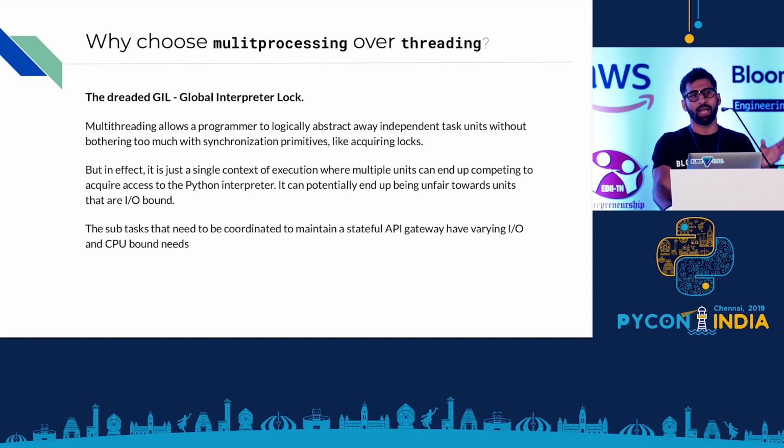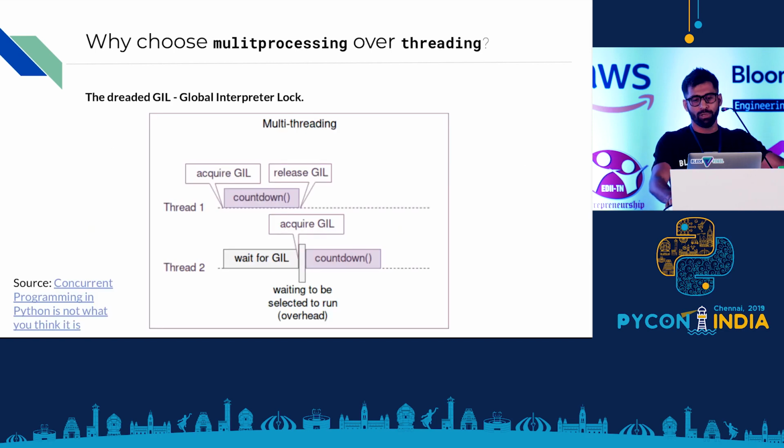So if your code has different CPU and IO bound needs, they start competing, and that can totally mess up our stateful information. We cannot mess up the stateful information because that is our guarantee to the client applications, correct?